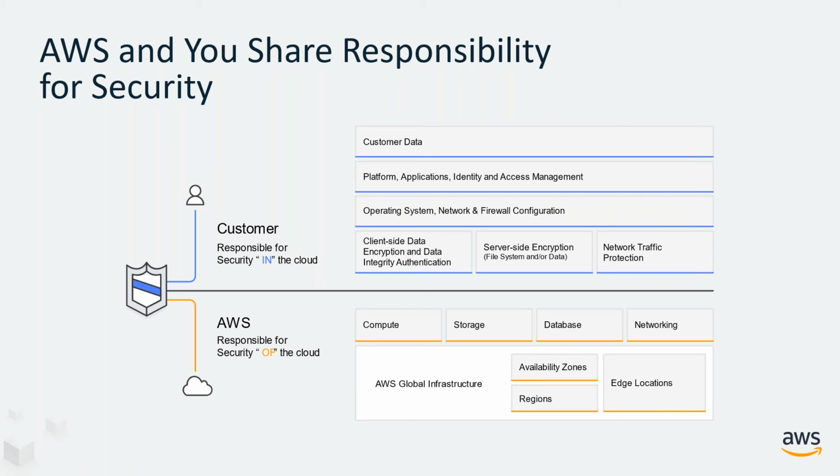So you're still responsible for making sure that you've got control of your data, you've got control of your identity and access management, you've got control of your network and firewall configuration, which is very applicable to what we're talking about today. You still have that security responsibility of securing the things you put in AWS. So for instance, you have to make sure your security group policies are strong, or your firewall policies are strong, since AWS won't do that for you.